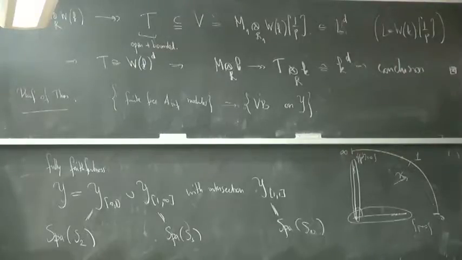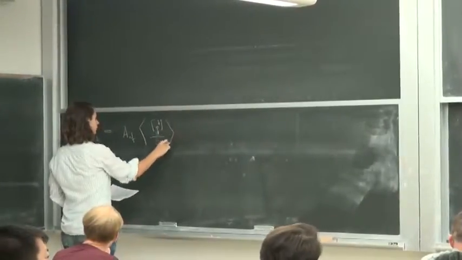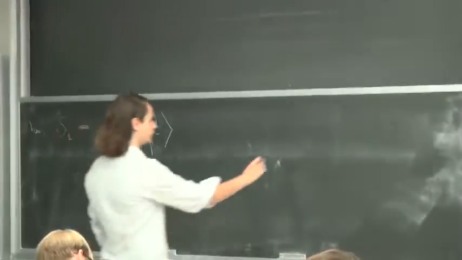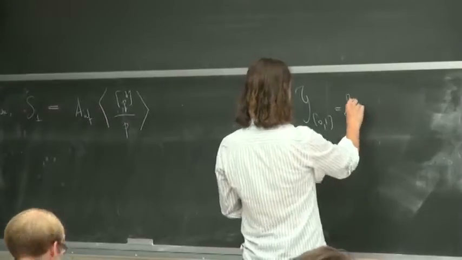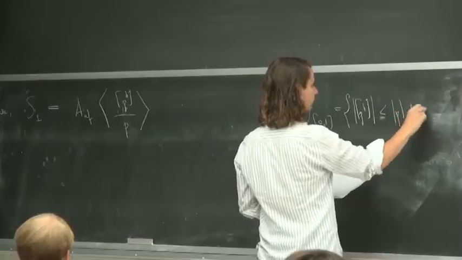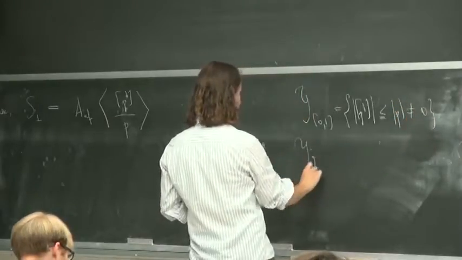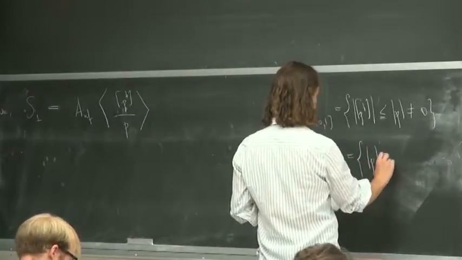I should say what these subsets really are. That's the locus where p flat is less than or equal to p in absolute value. Y_{1,infinity} is the locus where the complement happens.